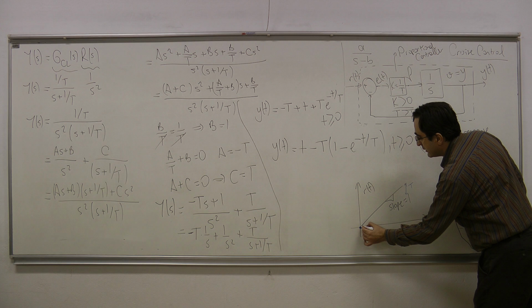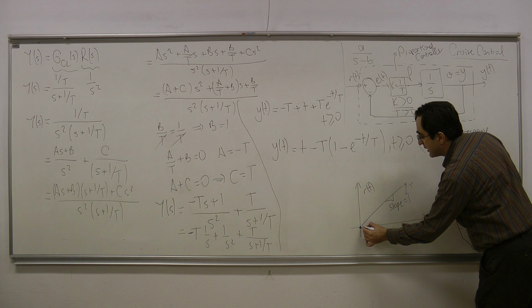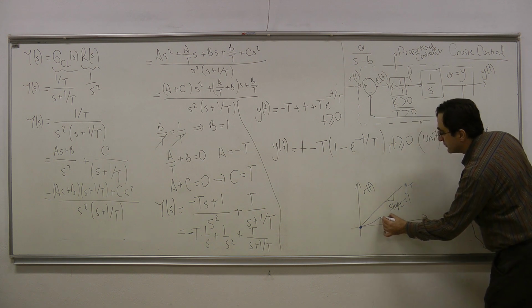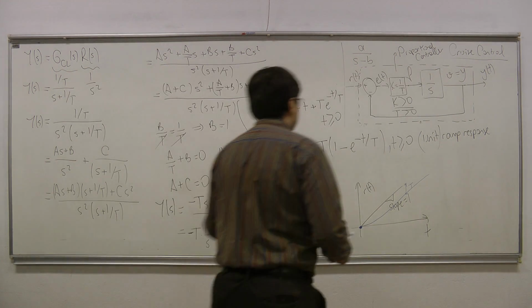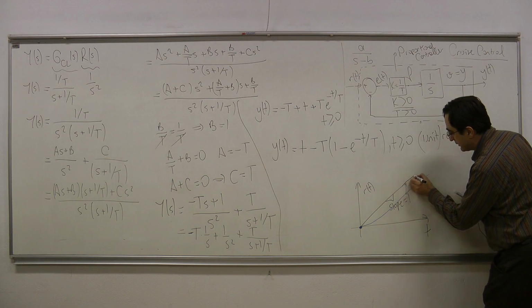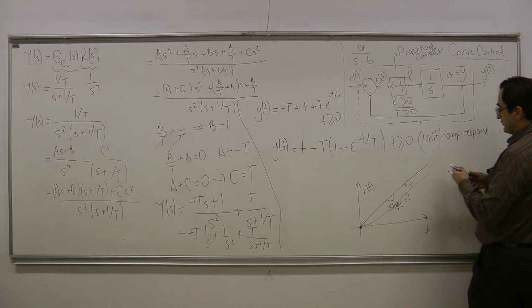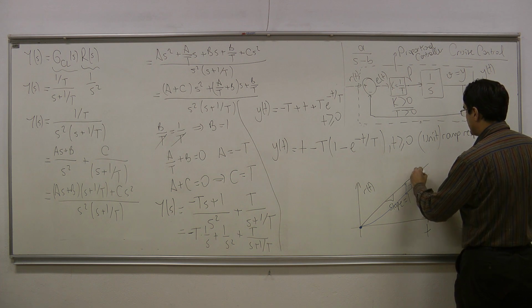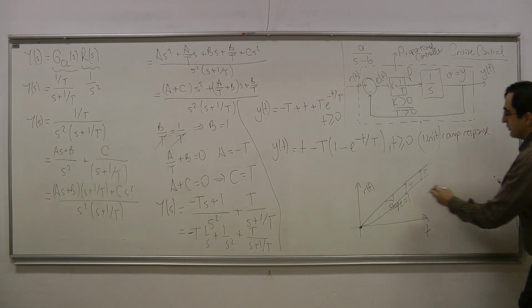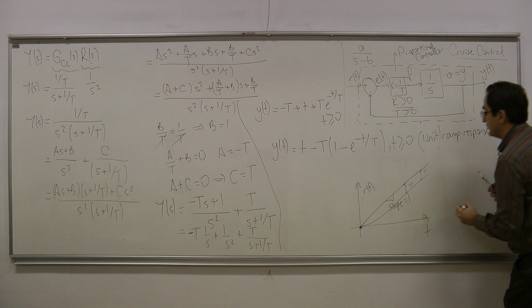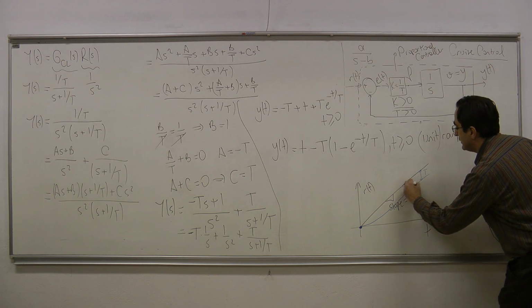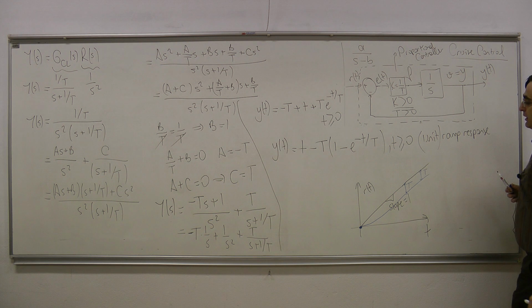So at time 0, we start at the same point as the ramp function, and as time goes to infinity, we converge to the ramp function with a distance from the original ramp function equal to capital T. Okay? So this difference here that I drew is just capital T. Our unit ramp response as time goes to infinity will be capital T below the actual unit ramp, which is our input. Okay?